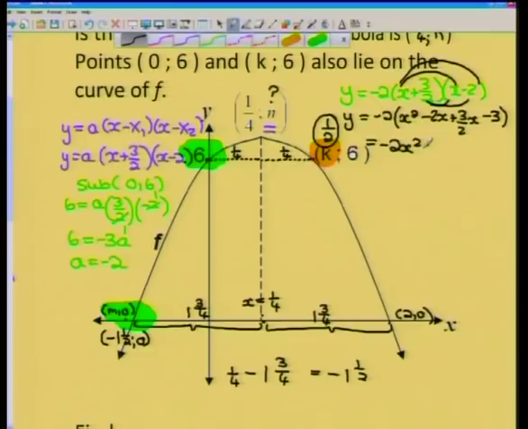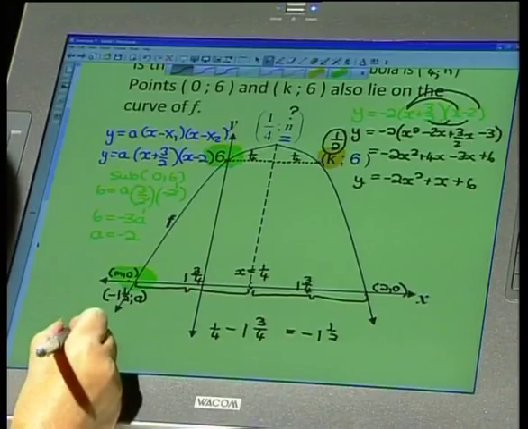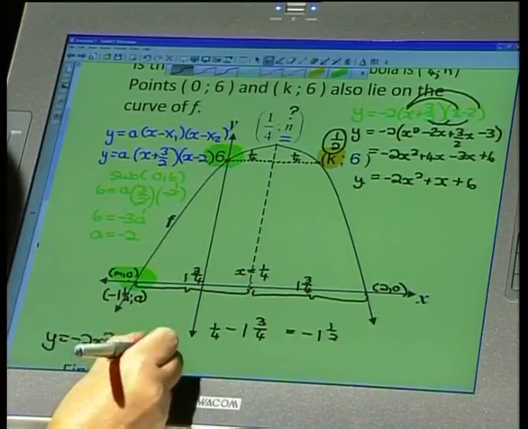Multiplying here, it's plus 4x. And that times that is going to be minus 3x. And that times that is plus 6. So this is equal to minus 2x squared plus x plus 6. And there we have the equation of this parabola. So it's y equals minus 2x squared plus x plus 6.